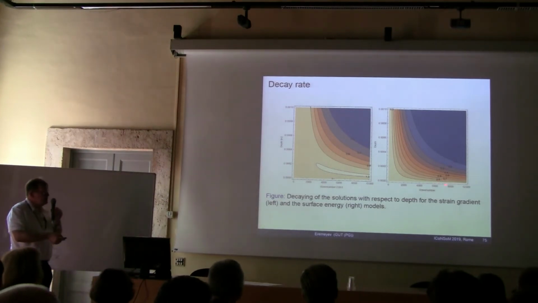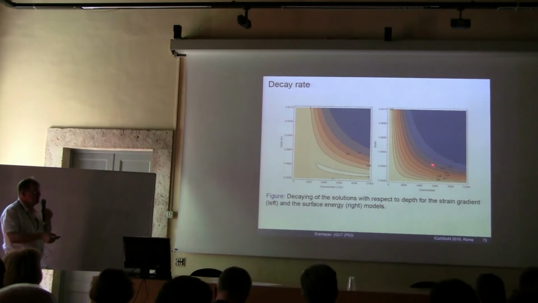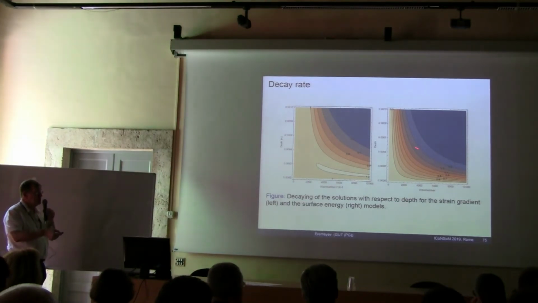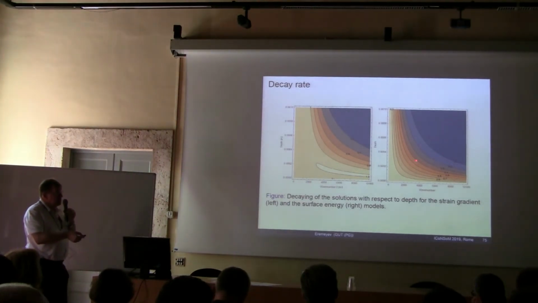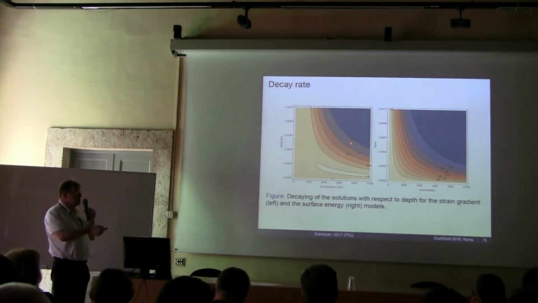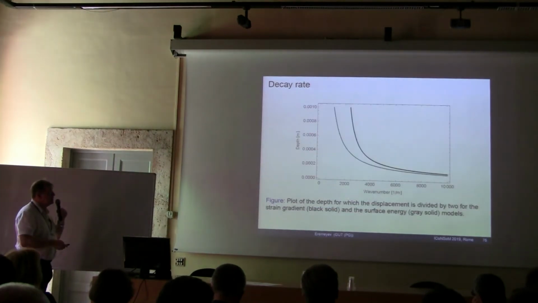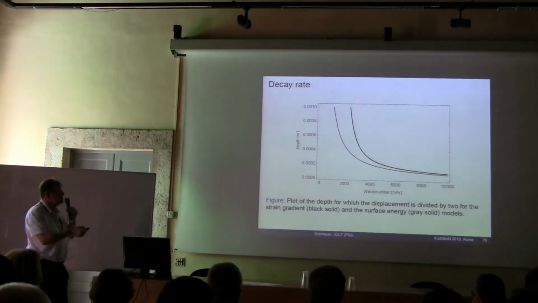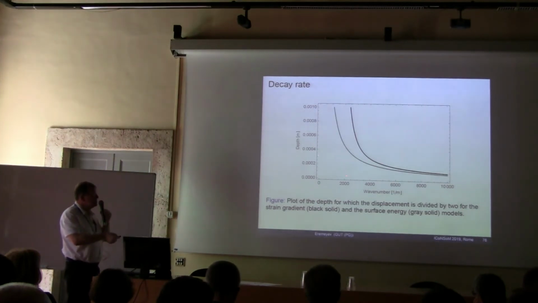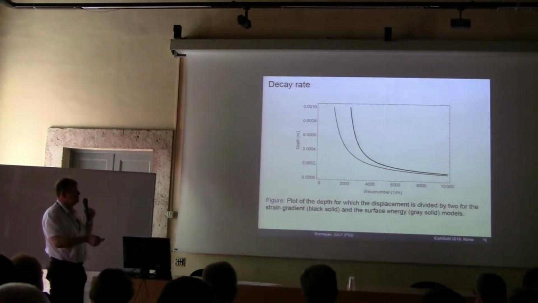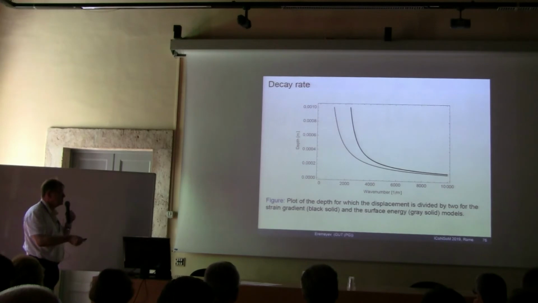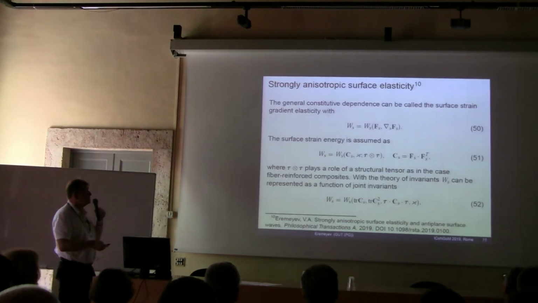From a mathematical point of view, it's clearer why, because here surface effects are present on the surface, and here they are present in a boundary layer. We considered, for example, the decaying layer with depth, and you can see that it's different. For some wave numbers there is quite a large difference in the decaying layer.